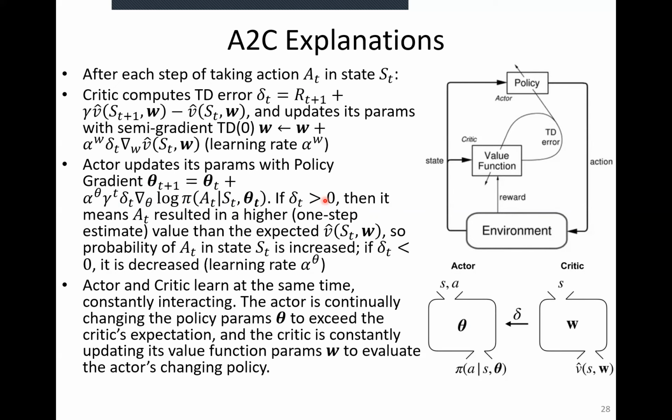That is, you're taking action AT in state ST, and you get a pleasant surprise that the reward looking one step ahead is higher than the expected reward you thought it should be. So you should encourage that action, and vice versa.